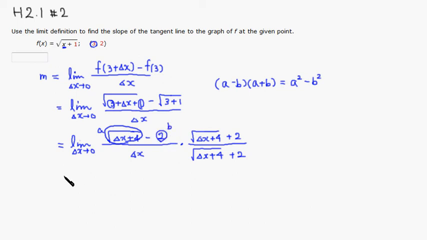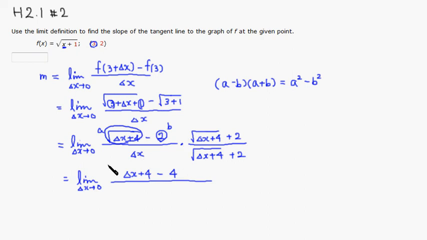So let's do that. So you're going to have the limit as delta x approaches 0, right? Then you have a big fraction. So it's going to be a squared, which is just delta x plus 4. The square root is gone because you square that. Minus b squared: 2 squared is 4, which is nice.